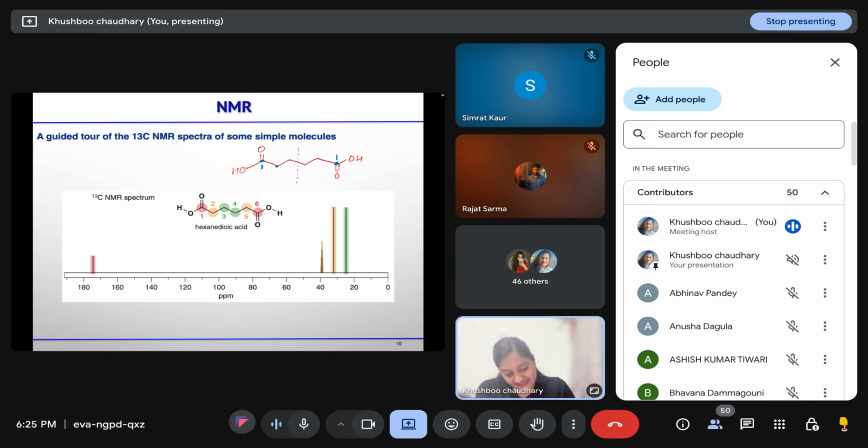Then the second carbon, attached directly to the carboxylic acid, will show one signal. And the third carbon, that is a little far, will show one signal.